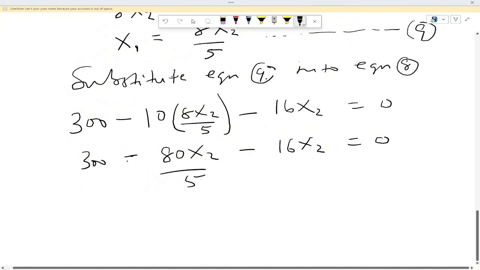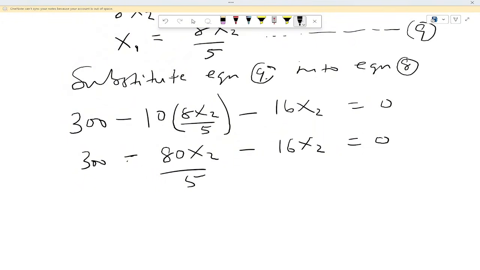So what you have here, you can of course take the LCM to be 5, and you multiply through.